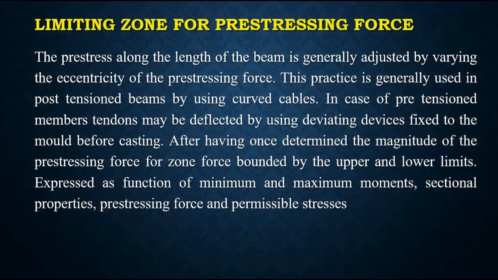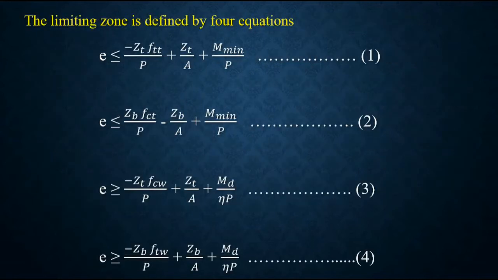So let me show you the equations. The limiting zone is defined by four equations. That is, eccentricity is less than or equal to minus ZT into FTT whole divided by P plus ZT by A plus M minimum by P. This is equation 1.